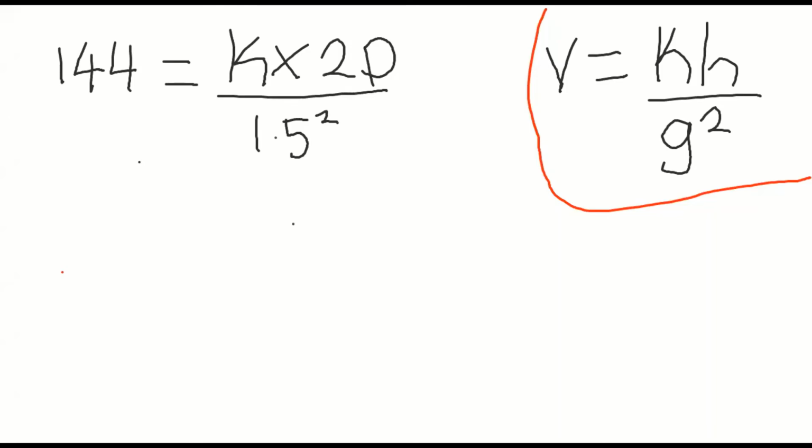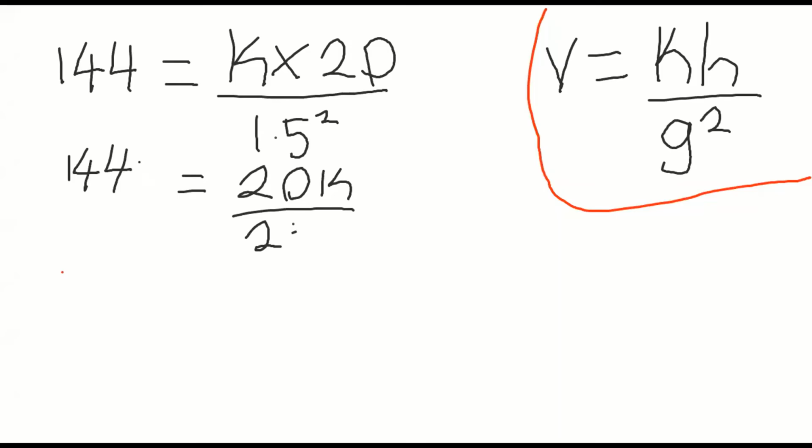So you work out for K. 144 is equal to 20K out of 1.5 squared. When you use your calculator, it gives you 2.25.